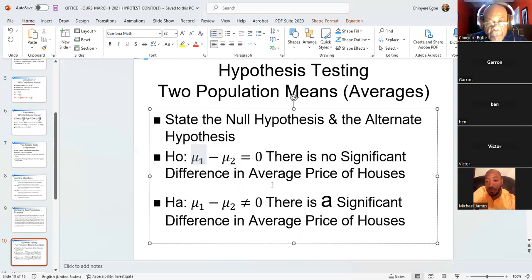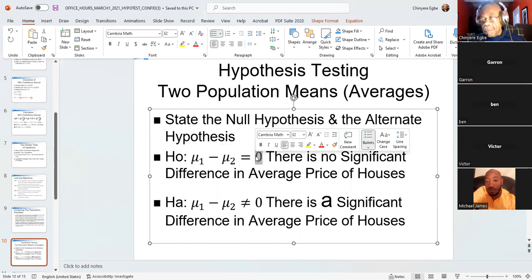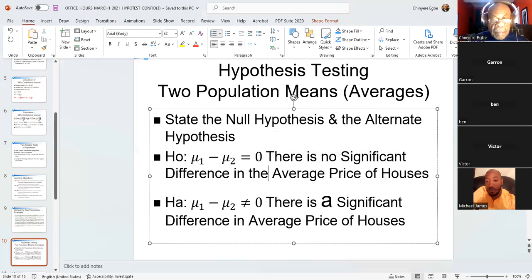And now, if the average of one group is equal to the average of the other group, then if you take the average of group 1 minus the average of group 2, what you get is a 0. If two numbers are equal, then if you subtract them, you get a 0. And so you say there is no significant difference in the average price of houses.